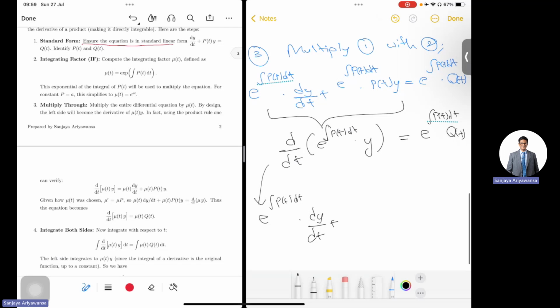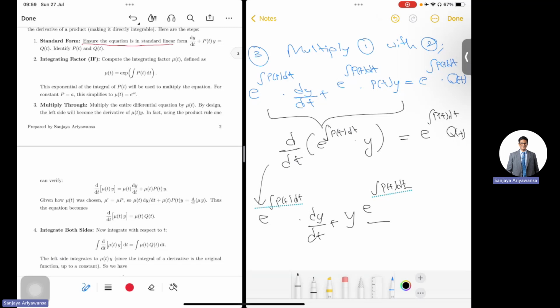dt plus y times the differential of this exponent. So it's simply the exponent, and not only that, also divided by whatever is inside this.